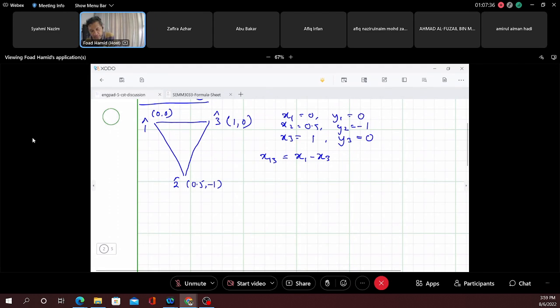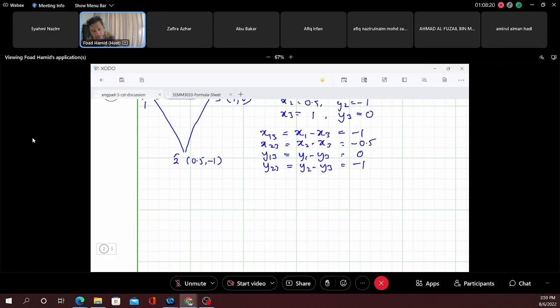In this case, x13 is minus 1. x23 is x2 minus x3, which is minus 0.5, and y13 is y1 minus y3, 0 minus 0 is 0, and y23 is y2 minus y3, minus 1 minus 0, which is minus 1.